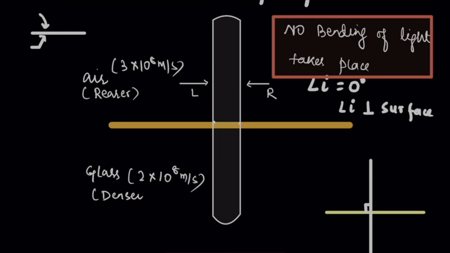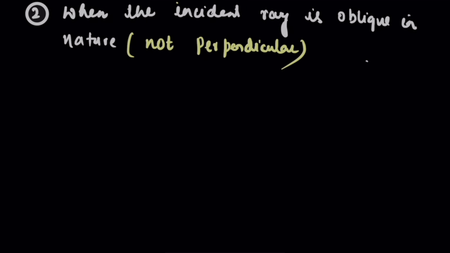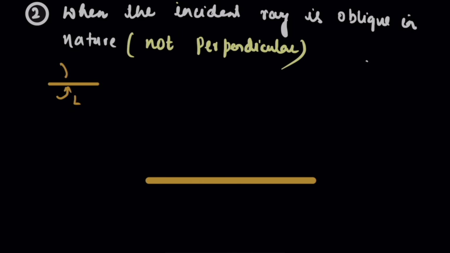Second condition we take, where incident ray is not perpendicular to the surface. It means incident ray is oblique in nature. This is our refracting surface, and here is one of the incident rays. I'm trying to expand it, so that's why I'm considering one side as left and another side as right. So this is a single incident ray, but in a wider view.